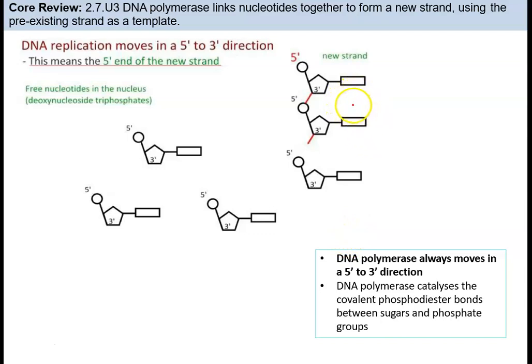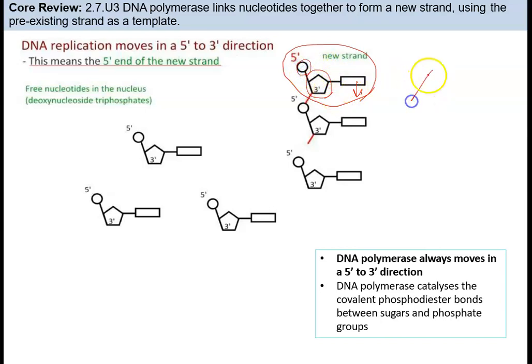We have explained and seen this slide exactly before, and the important question is, why do we call it 5' to 3', and why do we know the direction between 5' and 3', and what does that mean? It is because each nucleotide has 3 parts: one is the nitrogenous base, the other one is the sugar, and the other one is the phosphate.